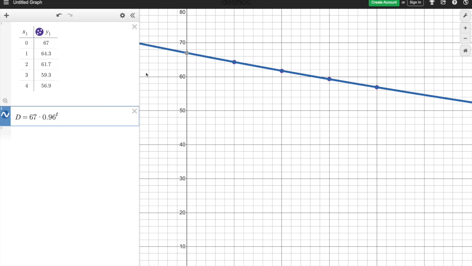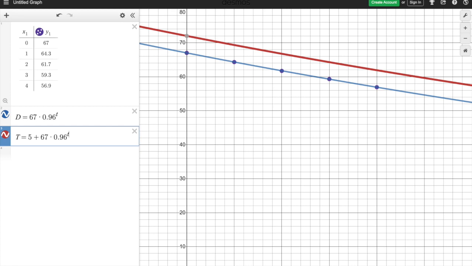And I still have the original graph for our difference in temperature between the water in the ice tray and the freezer. What I want to do next is graph the function T for the water temperature. So let's type that out. It's 5 plus the original temperature difference graph, or difference function.